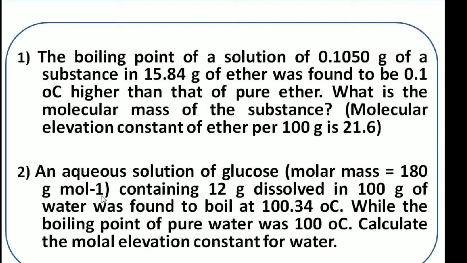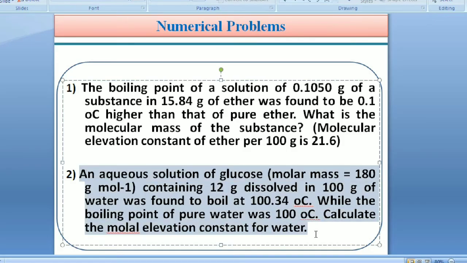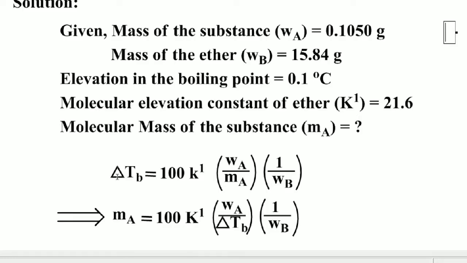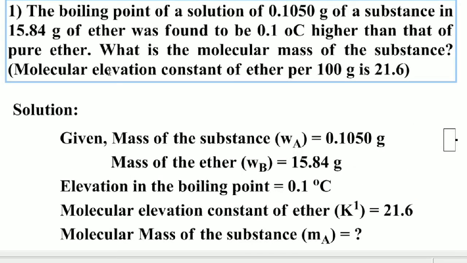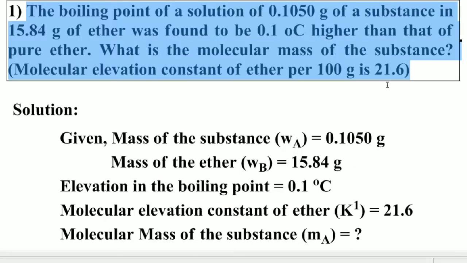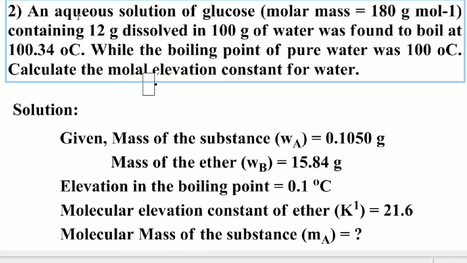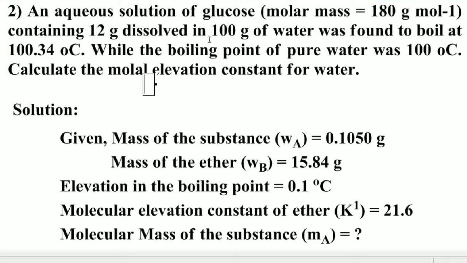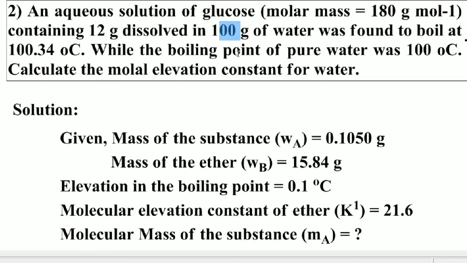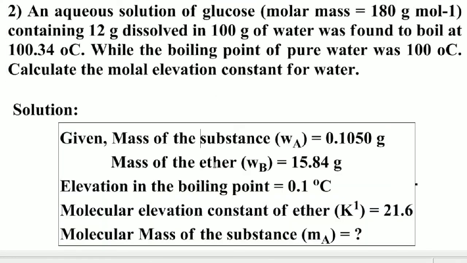Now students, we can write first the given problem. This is our problem number 2. An aqueous solution of glucose whose mass is 12 grams is dissolved in 100 grams of water. So we can write the mass of the solute.